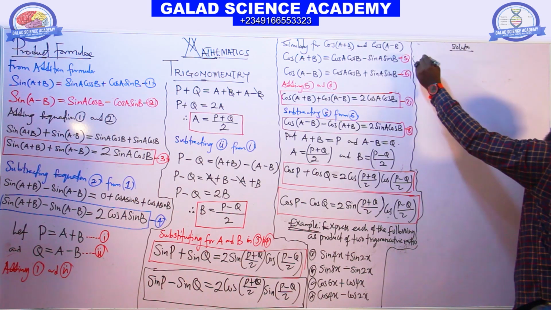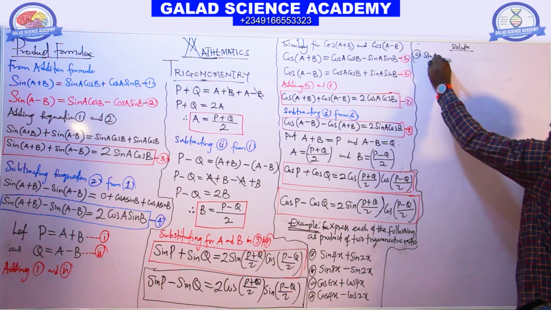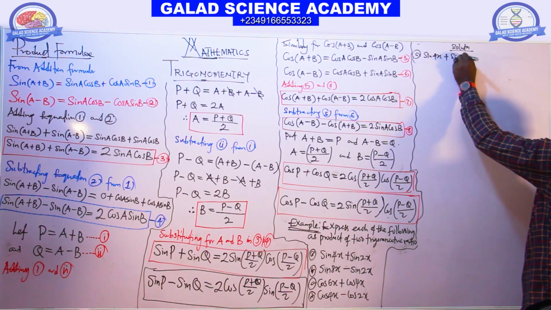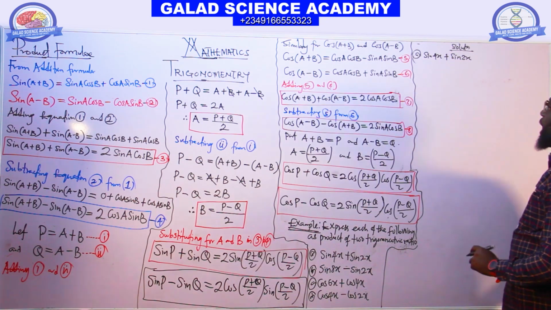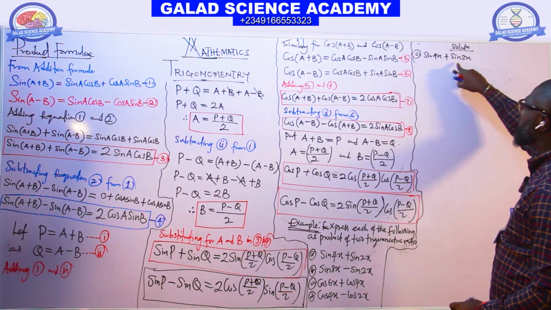Solution. A, we are given sin 4x plus sin 2x. They asked us to express this as a product of two trigonometric ratios.